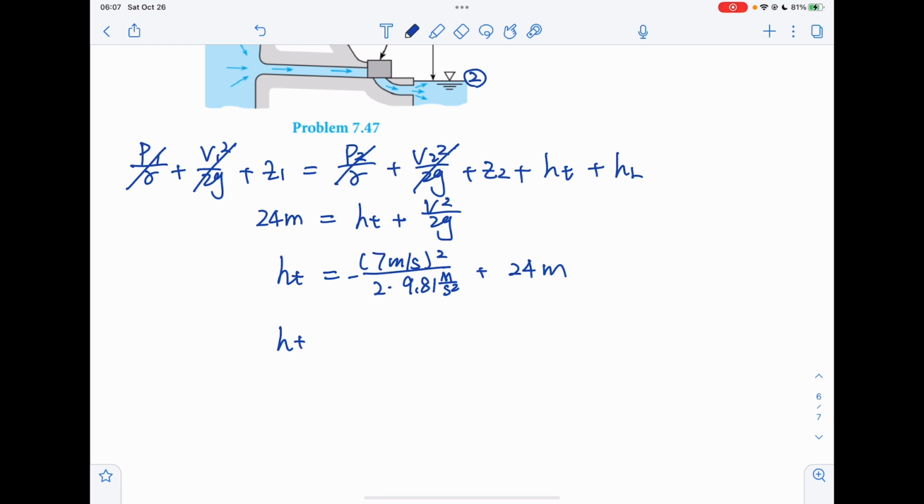So the head of the turbine is 21.5 meters.